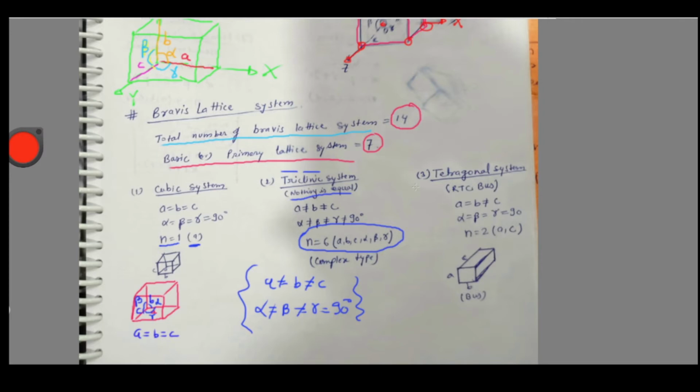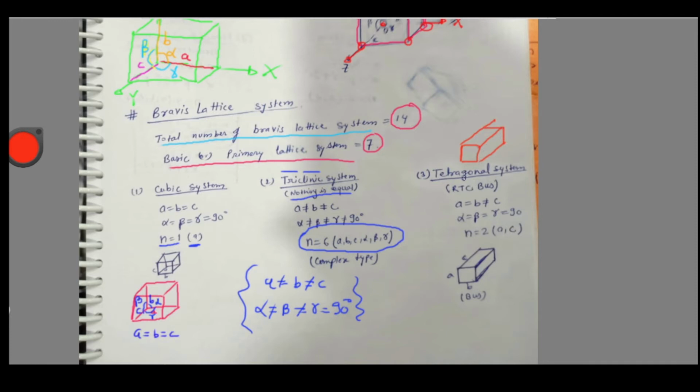And the third one is tetragonal. Have you seen a rectangular bus? Tetragonal means a bus-like shape, this kind of shape. Suppose this is one bus, so it is one bus kind of shape.